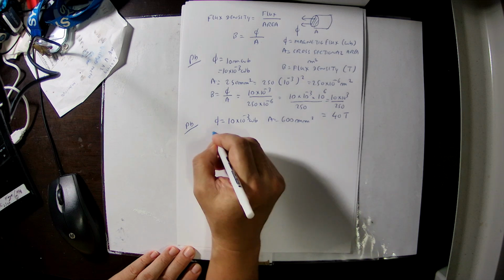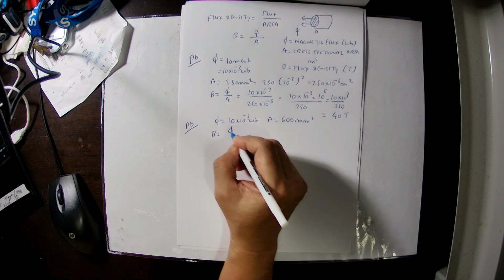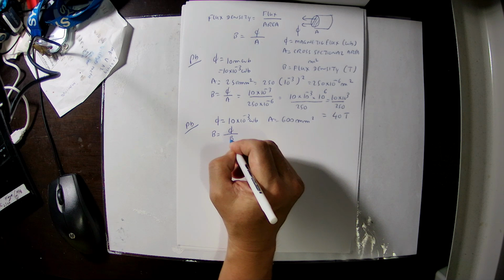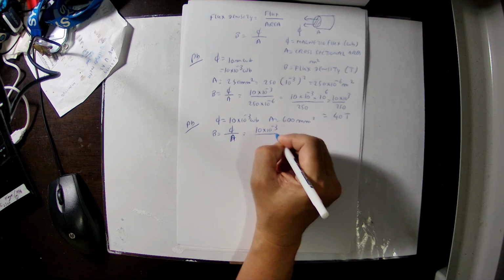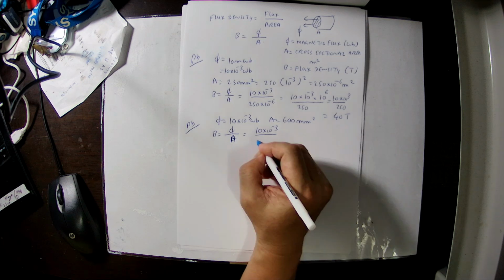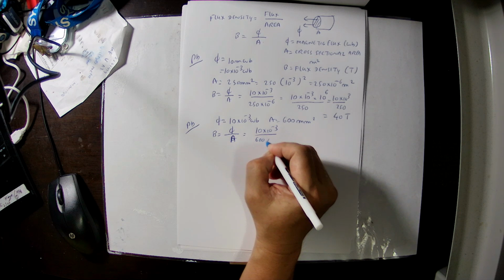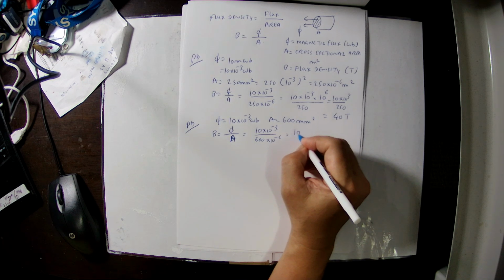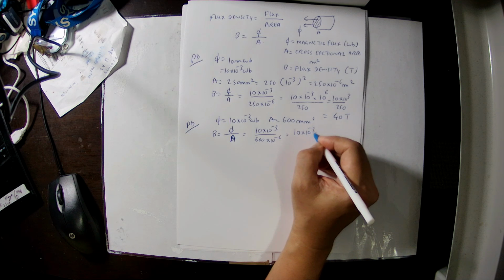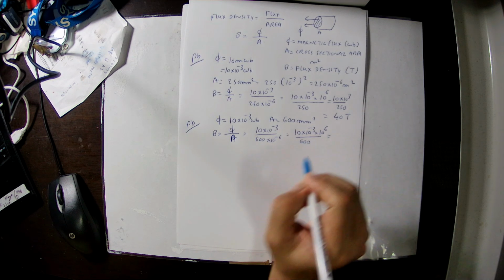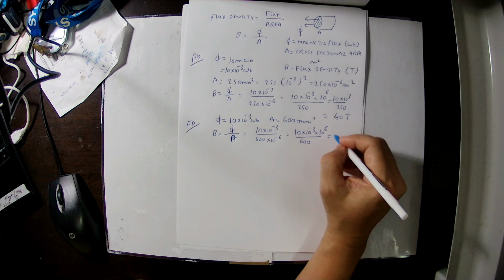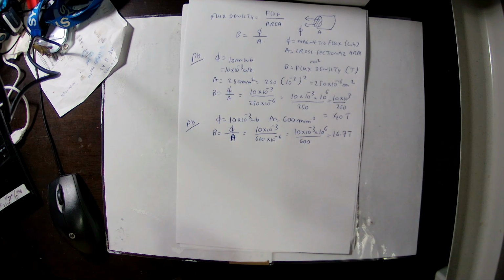Then we calculate the flux density, B equals phi by A. So phi is 10 into 10 power minus 3. Now it's 600 millimeter square, so this will be 600 into 10 power minus 6. So that will be 10 into 10 power minus 3 multiplied by 10 power 6 divided by 600. By solving this, that will be 16.7 Tesla. The flux density is 16.7 Tesla we got.